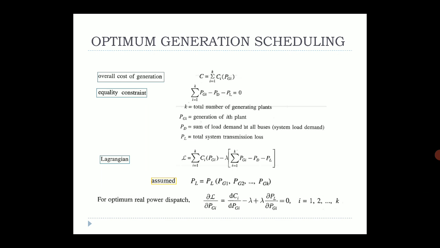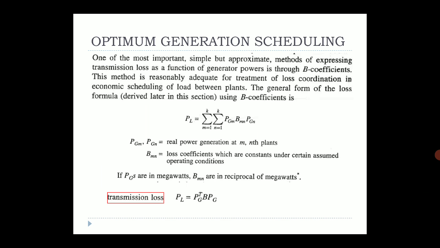See, you see the assumed part, PL is a function of PG1, PG2, to all the PGs, right? When do you have a transmission loss? When power is transferred from one bus to the other. So you need to have a bus 1 and bus 2. So we form a B coefficient. You need not bother.